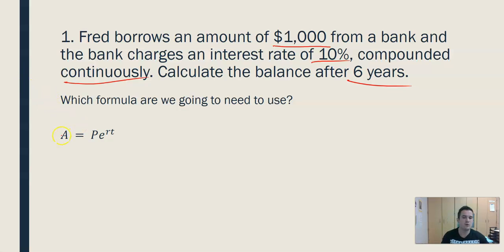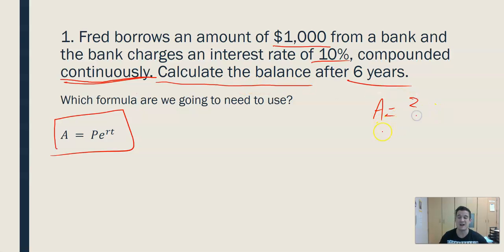So which formula are we going to need to use? Well, it said this is compounding continuously, so here's our continuous compounding equation. So we need to find A, P, R, and T. Those are the variables in here that we need to work with. So what is A? What is the end balance? Well, I don't know.